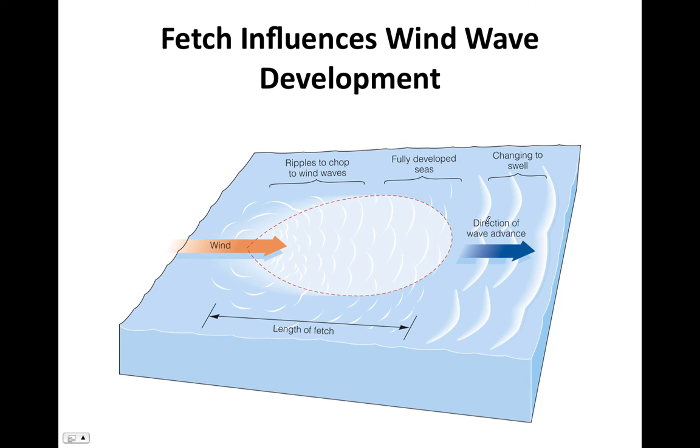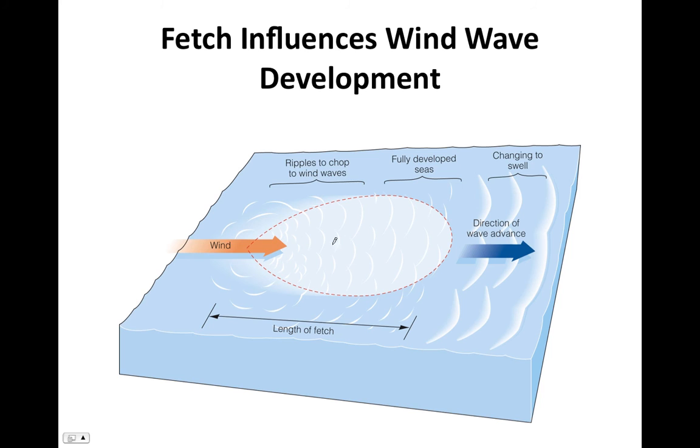But once the waves travel out of the region where waves are actively being developed, and we have these fully developed seas, the waves will then begin to separate, where the largest wavelength waves, they are the fastest, travel out first, and then the second longest, and the third longest, and eventually the shortest wavelength waves will leave. And so the waves will be separated in groups of similar wavelength, forming the swell. Okay, and remember, this process of the waves separating based upon wavelength is known as dispersion.